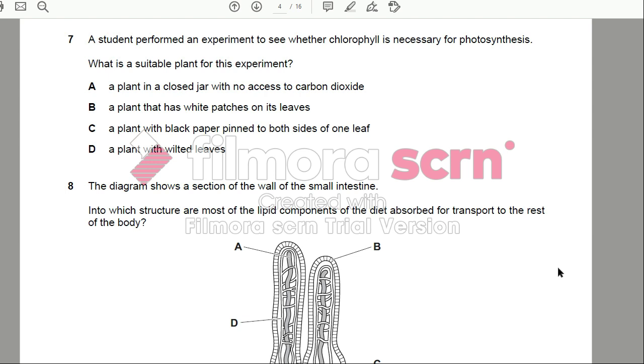C: a plant with black paper pinned to both sides of one leaf. It may be, but again, any uncovered part of the leaf will do photosynthesis. D: a plant with wilted leaves. The best option in this case is B, a leaf which has white patches along with green.